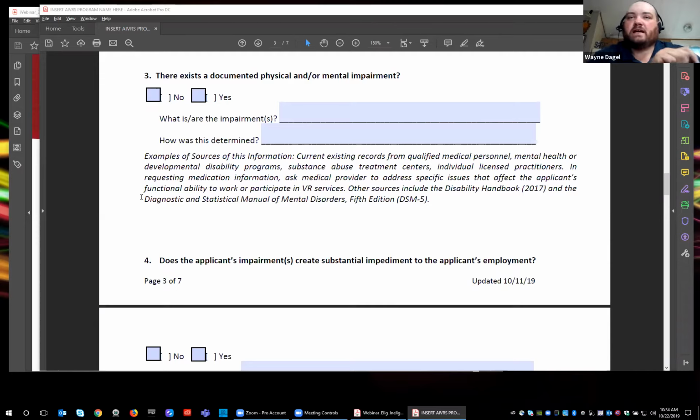Just know that whatever you put into your certificate of eligibility has to be addressed in your IPE. And further in this document, you're going to see where we identify the services and the barriers that need to be addressed. But again, when you identify the documented physical or mental impairments, look at a primary and a secondary, because those are what you have to address.